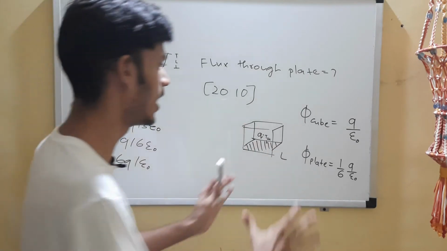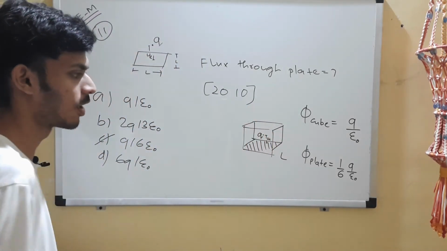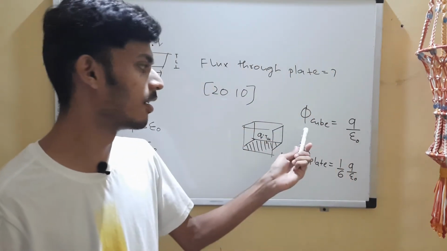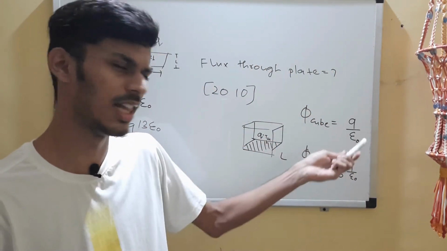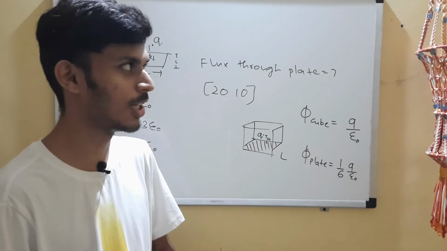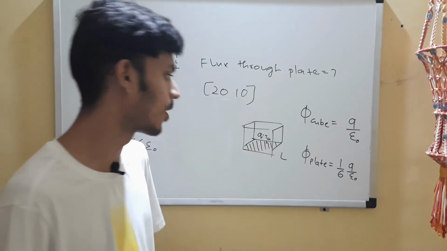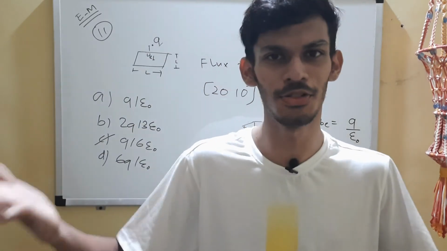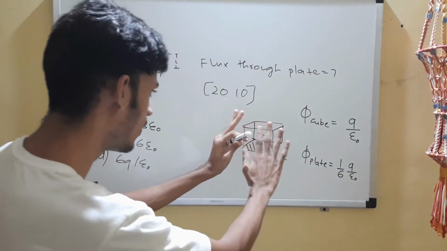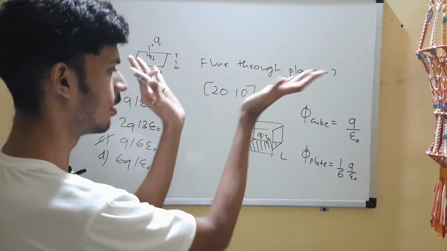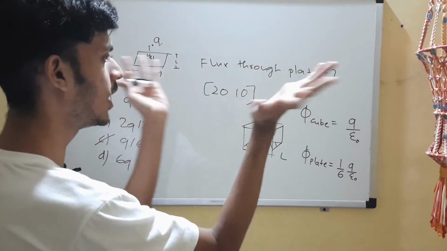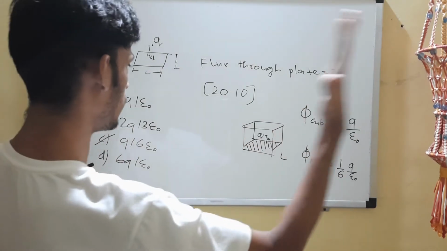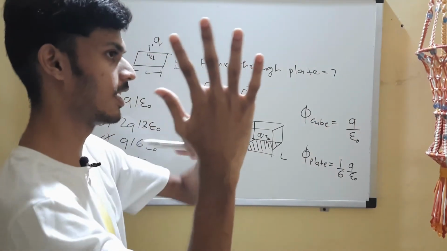I'll just explain that in brief. First of all, we chose a cube since we want to enclose that charge. Now we found out that the flux through the cube is Q by epsilon naught, charge enclosed by epsilon naught, but we want the flux through the plate. For that we noticed that the plate was just a face of the cube. Due to symmetry, this flux is equally divided among the 6 faces: the upward face, downward face, the 2 faces at the side, and the front face and the back face.